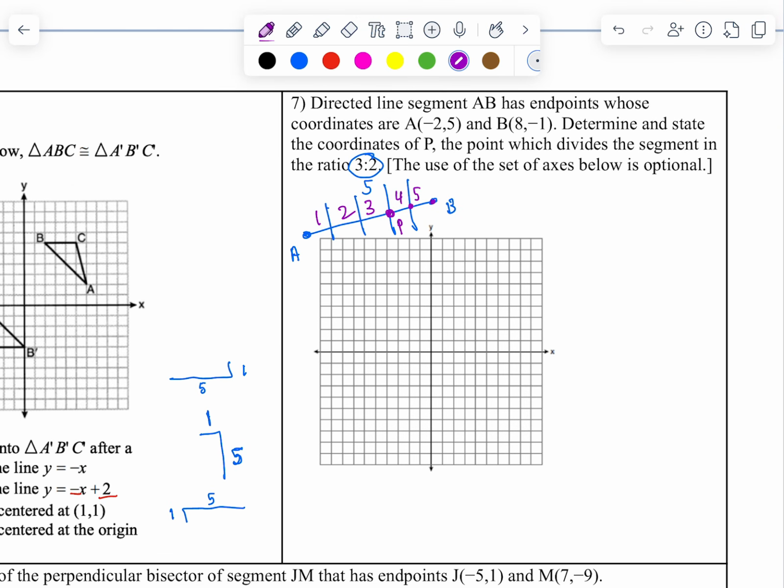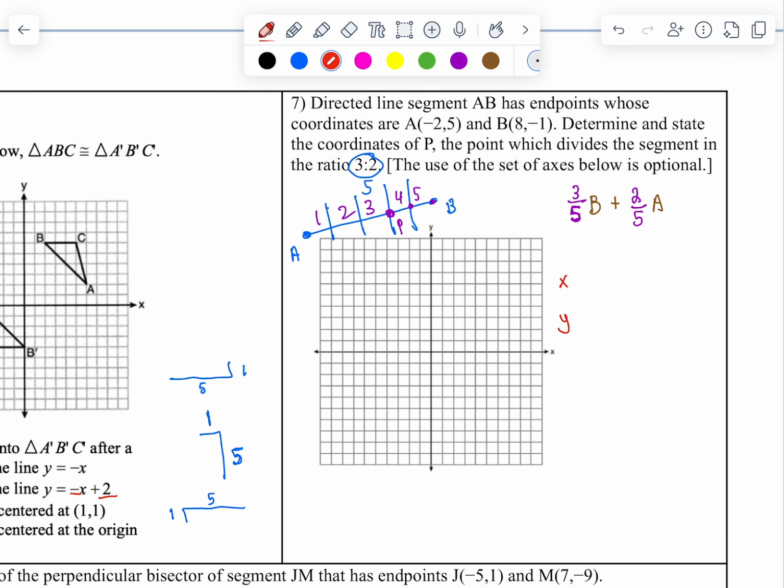Since there's 5 parts in total of the line segment, the weights that we're going to be using are 3/5, because 5 is the total number and 3 is one of the pieces of the ratio, and 2/5. And since the point is going to be closer to B, B is going to get the heavier weight, so B is going to get the 3/5, the higher numerator, whereas A is going to get the smaller weight. I would separate by the x and the y coordinates.